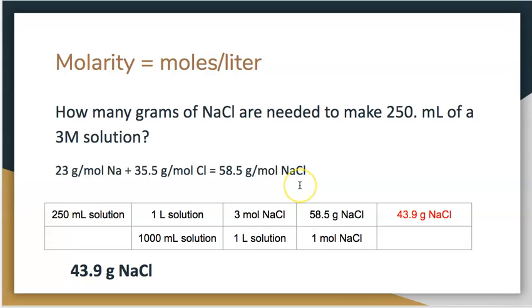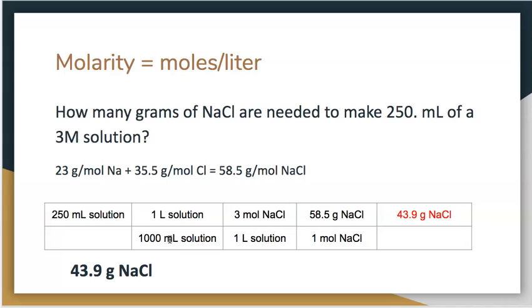So NaCl, table salt, is 58.5 grams per mole. Now, like I said on the last slide, we can't use milliliters here. We need to get it into liters. But you already know how to do that. 250 milliliters, where 1,000 milliliters is 1 liter, and now my milliliters will cancel out.